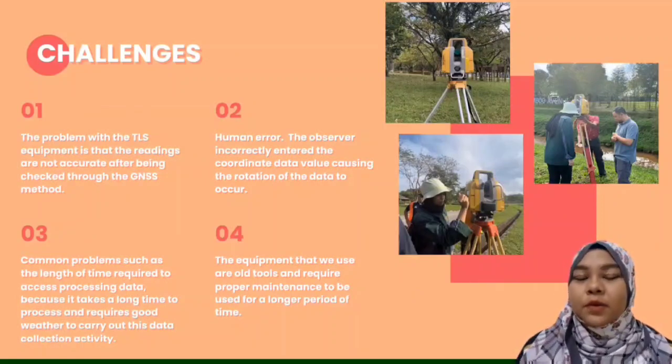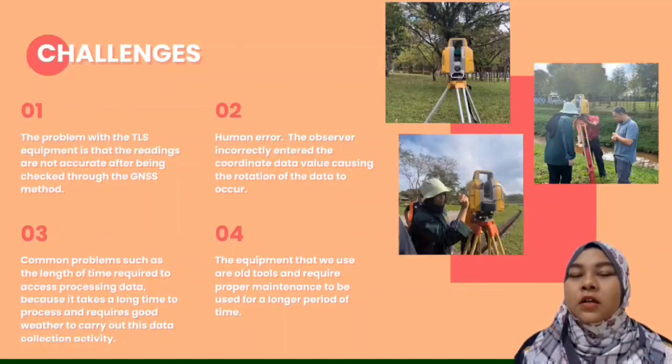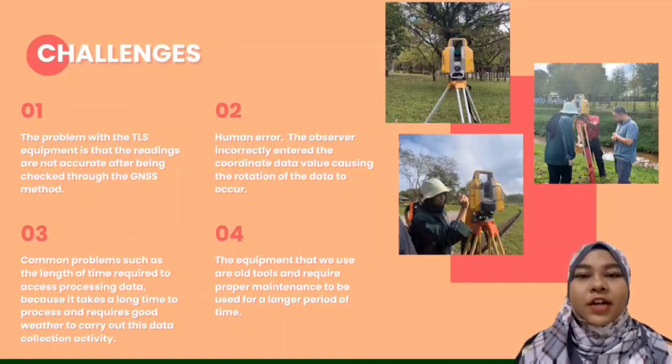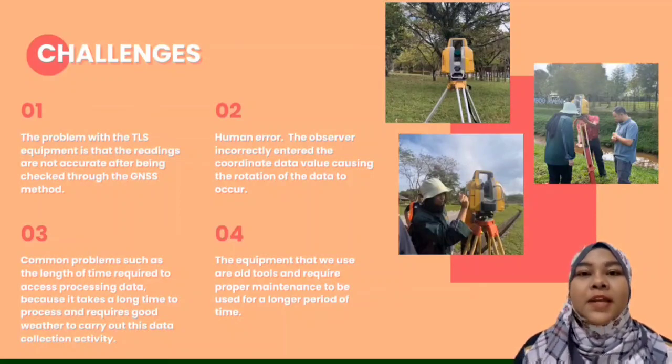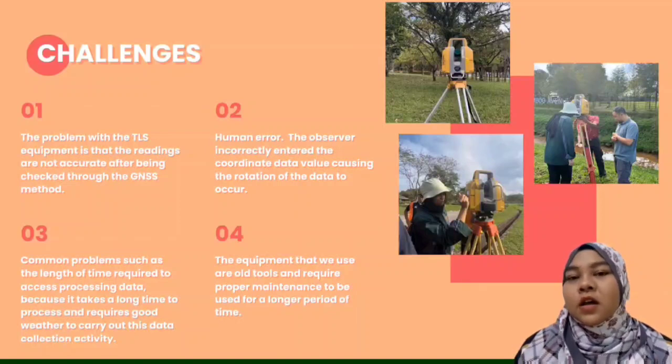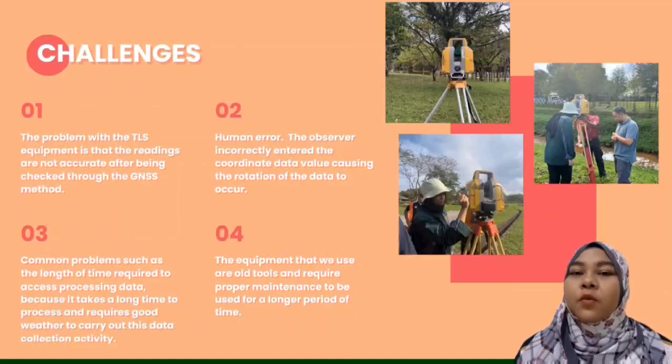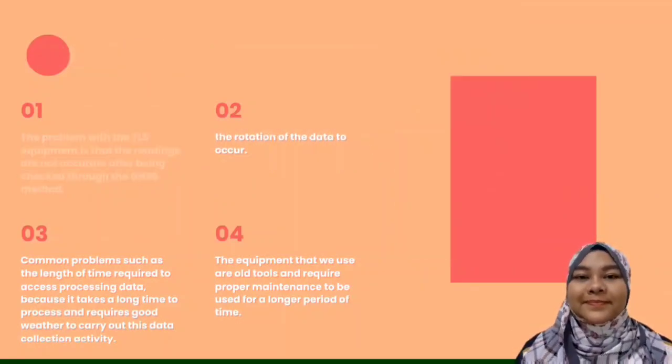Next, the other problem we faced is one of the mistakes commonly called human error. It was wrong to enter the coordinates in reverse. This had effects when processing data in Vernacular, where the data taken was reversed from what it should be. In addition, there were also many other problems during data processing, which were problems in terms of time and also our understanding in solving them.